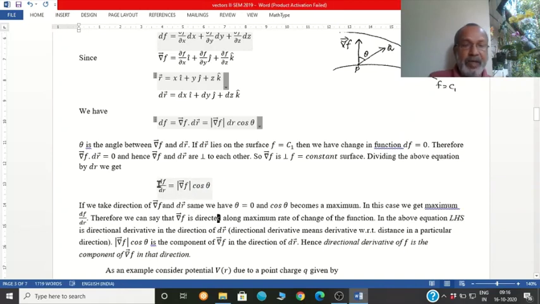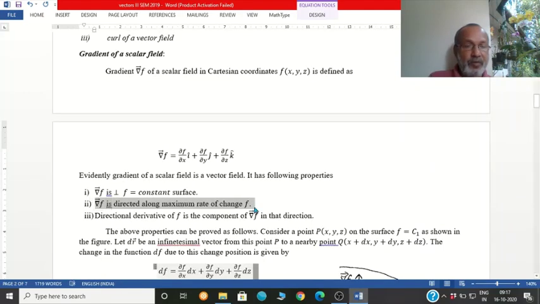So df/dr will be maximum when theta is equal to 0. In that case, the angle between del f and dr is 0, so dr is along del f. So we can conclude that del f is directed along the maximum rate of change of the function, or df/dr maximum. So we have proved this second statement also.